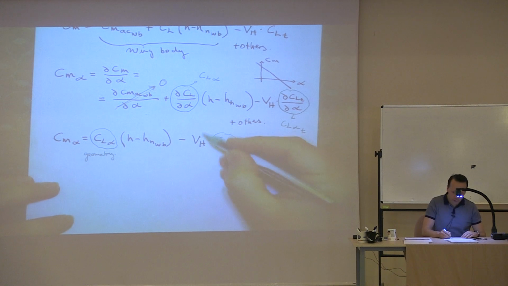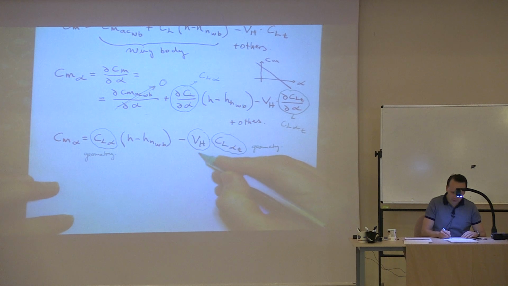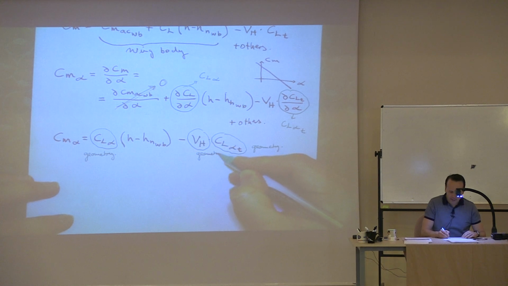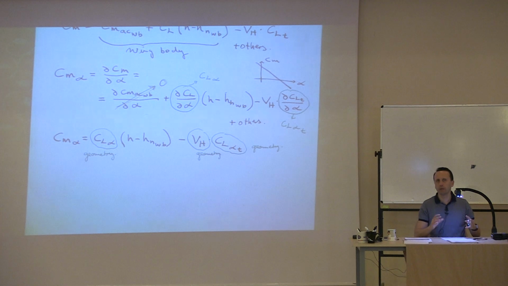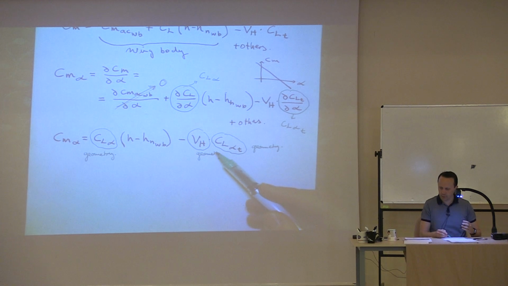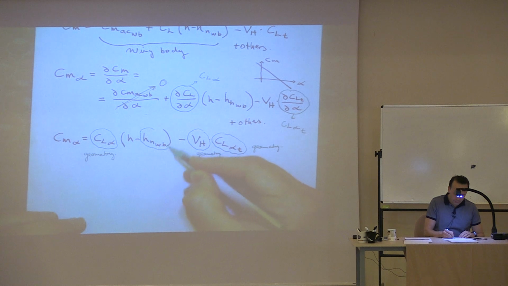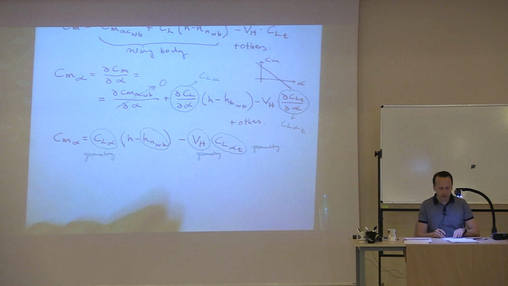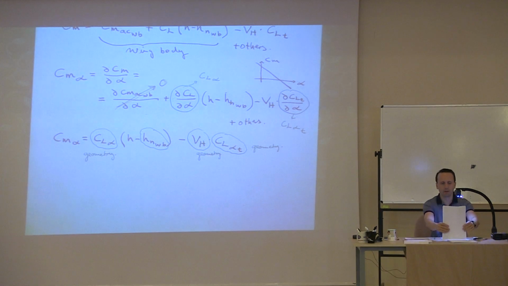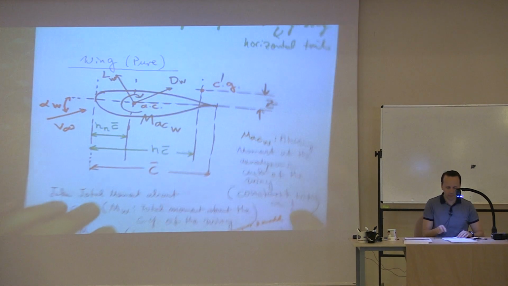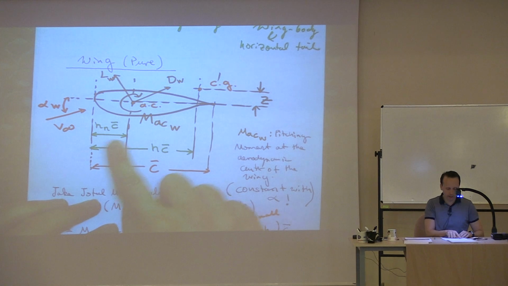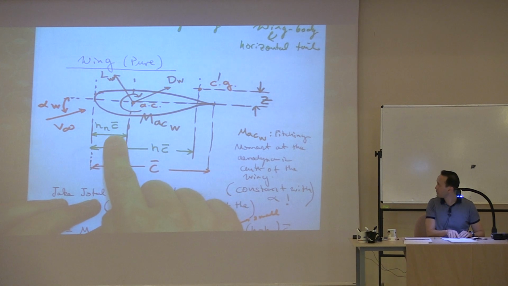This one here is again geometry. This is part of your design. By geometry, I mean shape. How big is your wing? How big is the distance to the tail, and so on. Now this one here was the distance, remember that? This is the distance of the aerodynamic center of the wing body, h and c bar.